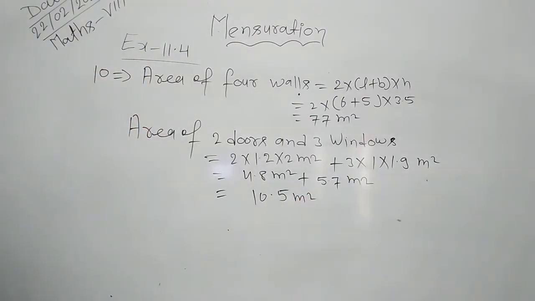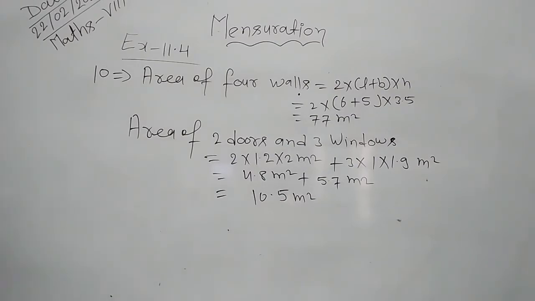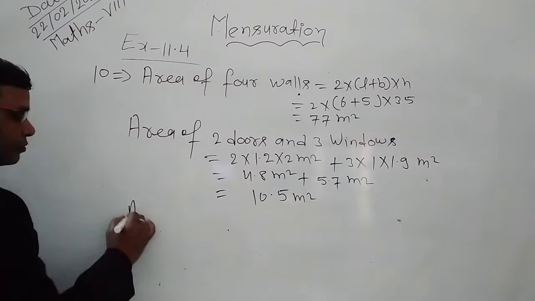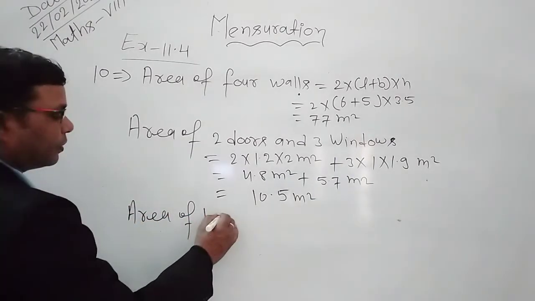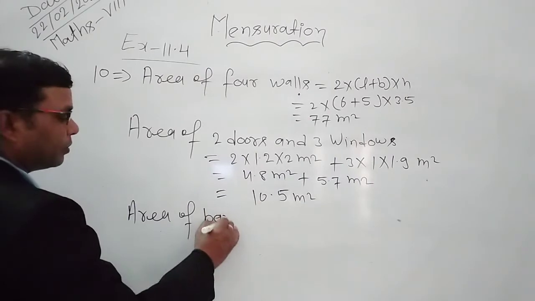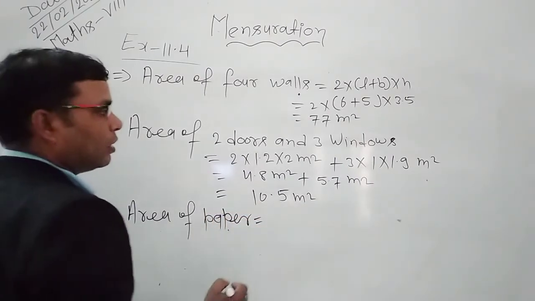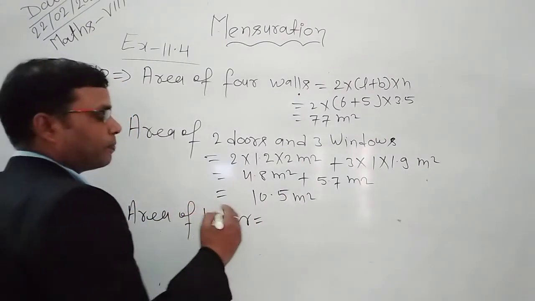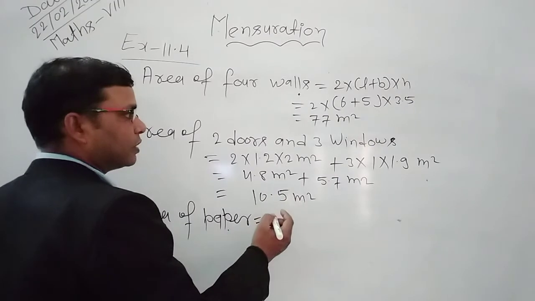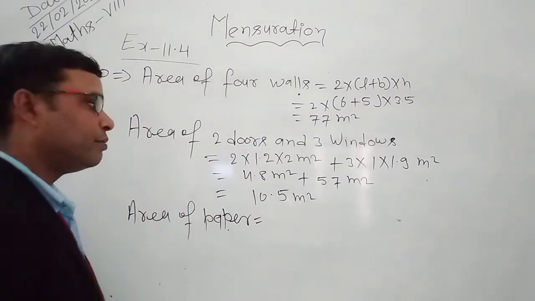Okay. Now we need to find the area of paper. Area of paper is equal to area of room, area of 4 walls except 2 doors and 3 windows.